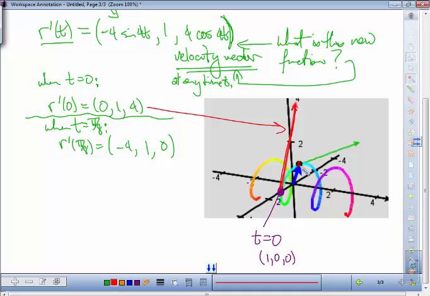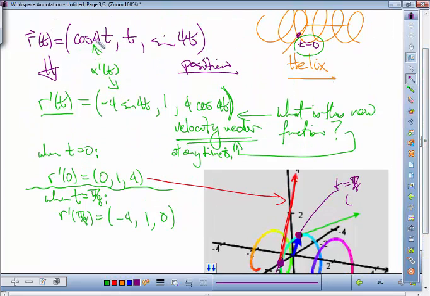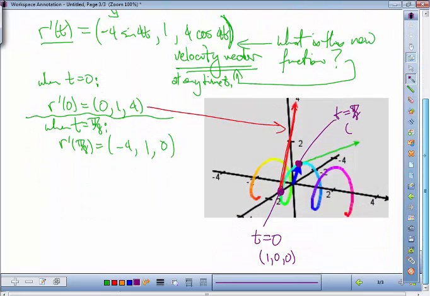And at this point over here, where t is equal to pi over 8, you're at the point, where are you? 0, pi over 8, and 1.